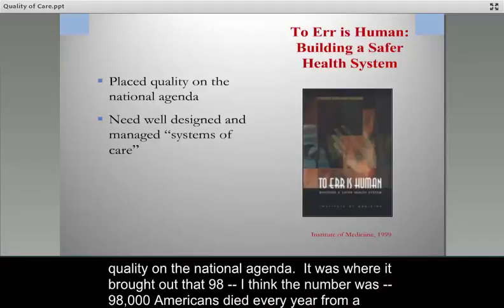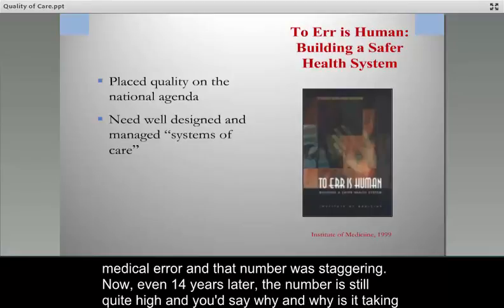It placed quality on the national agenda. It brought out that 98,000 Americans, I think the number was, died every year from a medical error. And that number was staggering. Even 14 years later, the number is still quite high.